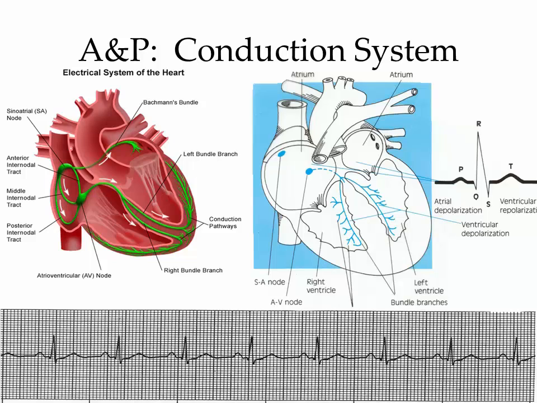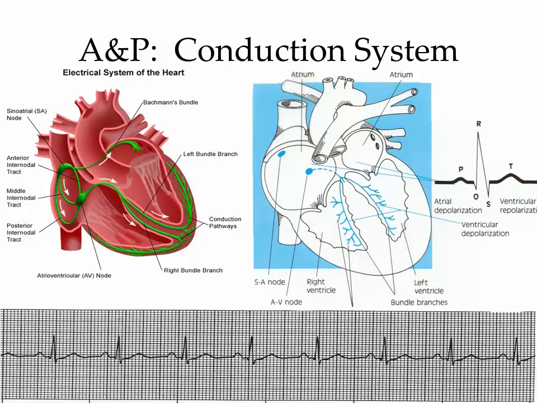And there's a slight delay between the SA node and the AV node to allow that to happen. Then the AV node gets the signal and shoots the signal through the bundle branches, which tell the ventricles to contract, and shoots the blood throughout the body.